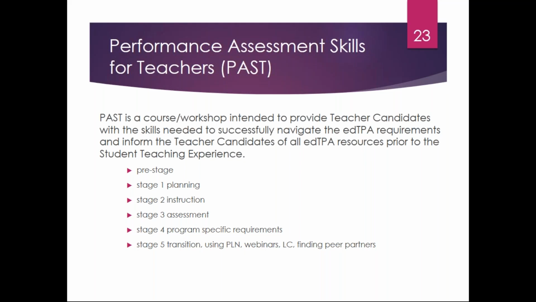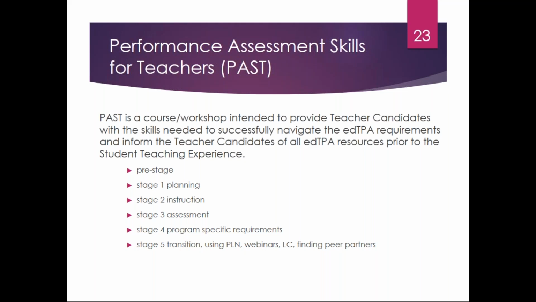So we'll be talking about things such as elementary task 4, or special education using one focus student. Anything that's more program specific. And then stage 5 is more of a transition.